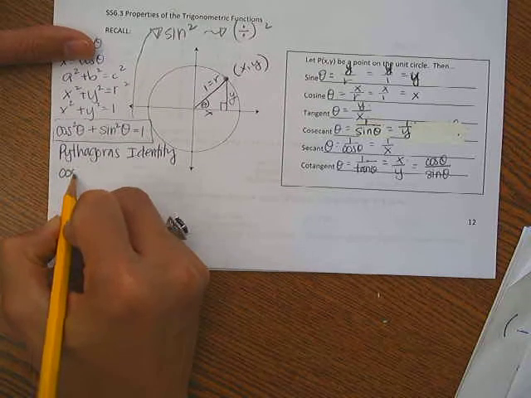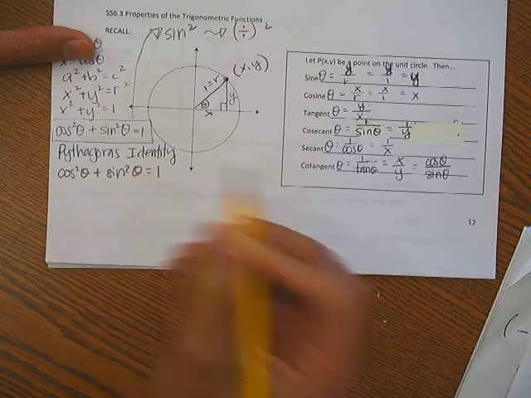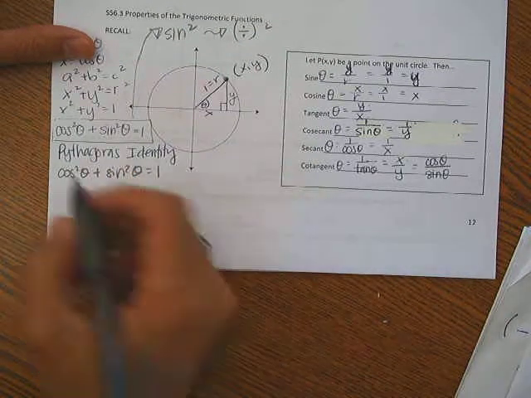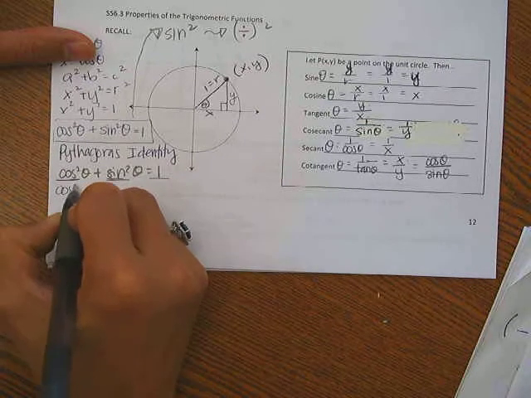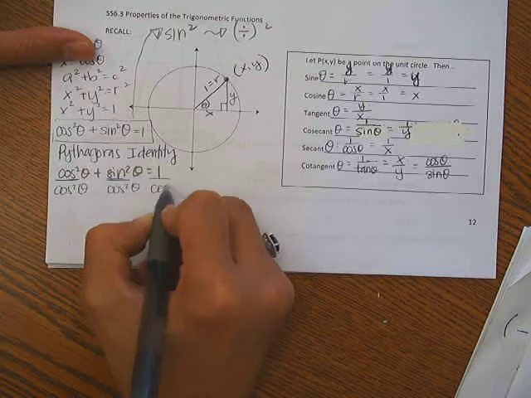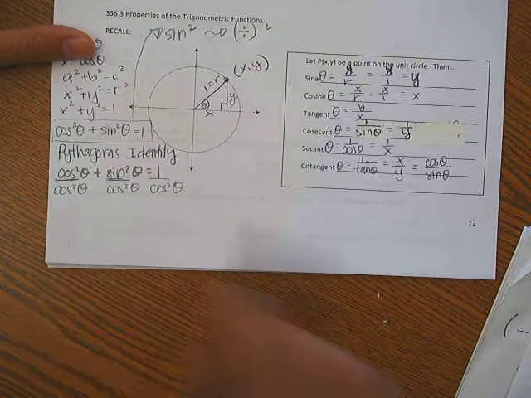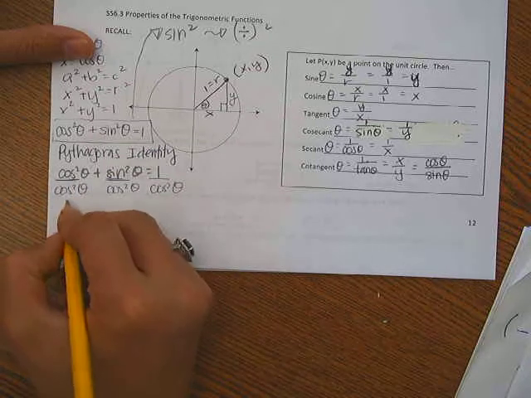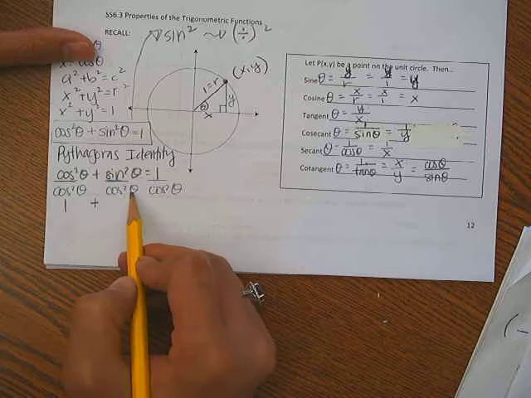Now from this identity, I can always manipulate, right? I'm going to take cosine square of theta plus sine square of theta equals 1. What if I divide each and every term by cosine square of theta? Why not? I can divide as long as I divide each and every term by cosine square of theta. Cosine square of theta divided by cosine square of theta, I'm going to end up with 1 plus sine square of theta divided by cosine square of theta.